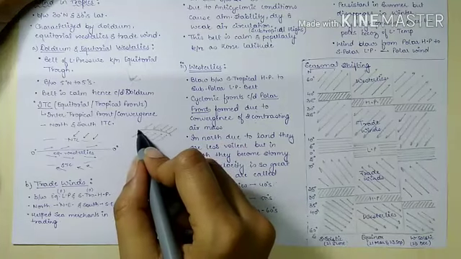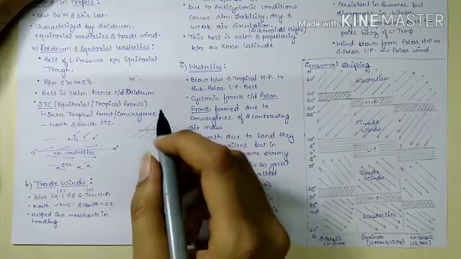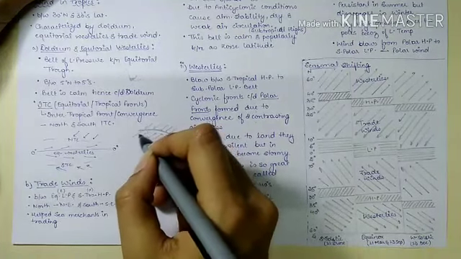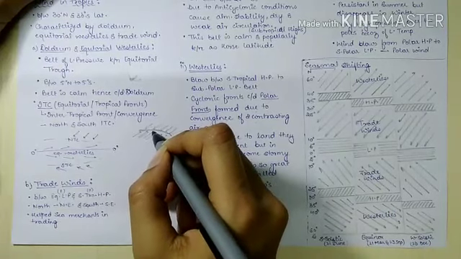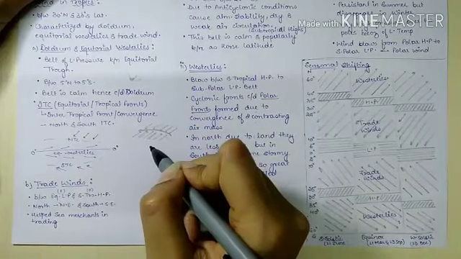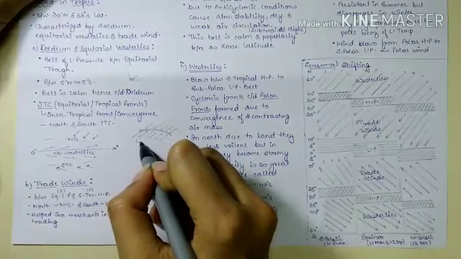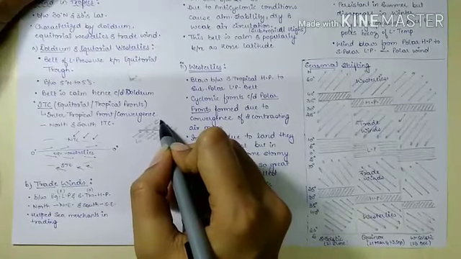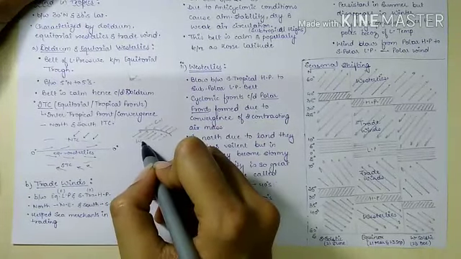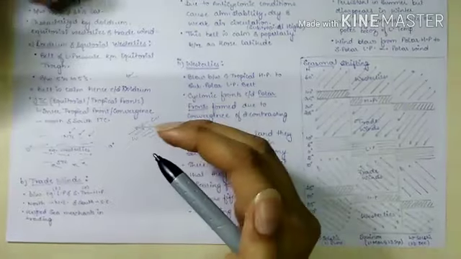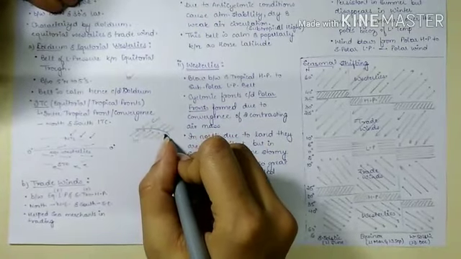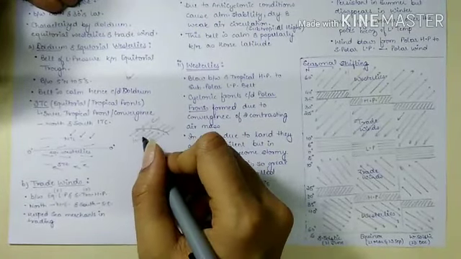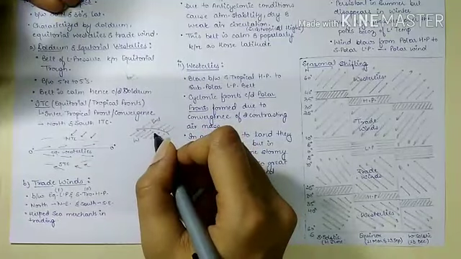But a front actually occurs when we have two air masses that have contrasting characteristics. That is, this one is a cold air mass, and this is a warm air mass. And if they converge, then this is known as a front. But here the case is, this is also a warm air mass and this one is also a warm air mass.